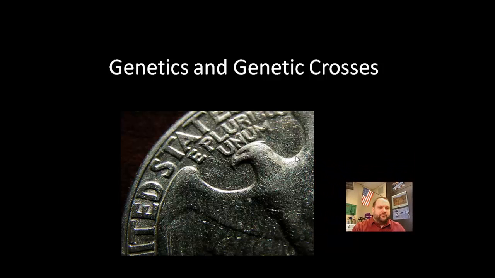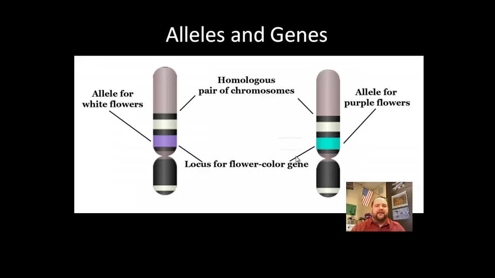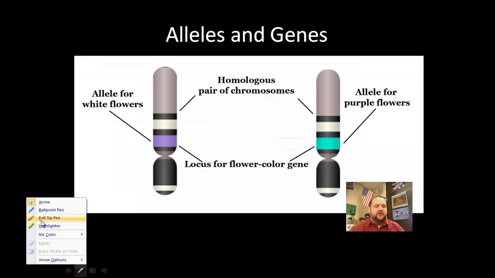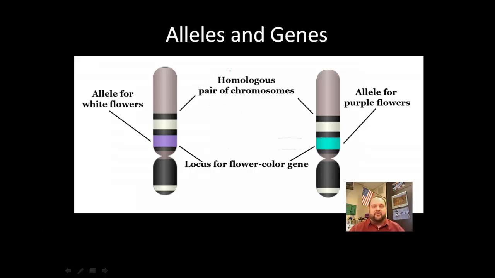I kind of want to start with a familiar picture to us. We saw this one here, and I want to talk a little bit about alleles and genes. If we notice here, we have two homologous pairs of chromosomes. It says here homologous pairs of chromosomes. This is chromosome number 1, and this is chromosome number 2. So we have a pair of homologous chromosomes, and they're the same.